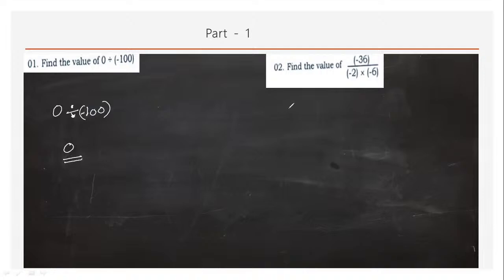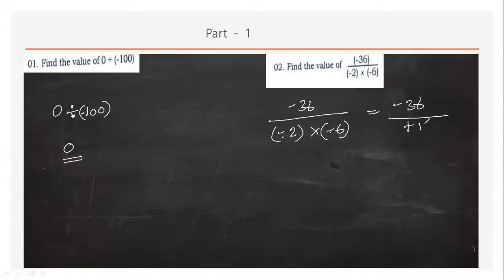Next one, minus 36 divided by minus 2 times 6. Minus 2 times 6 is minus 12, so minus 36 divided by 12. First look at the sign. Minus divided by plus is minus.